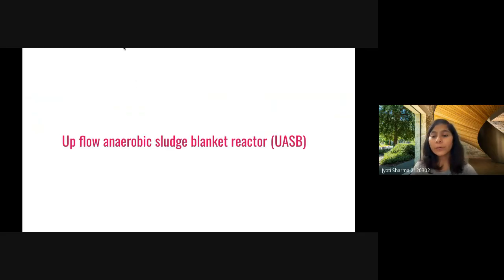Okay, so we have covered activated sludge process. We have covered trickling filter, and the techniques, some terminology related to that techniques. The next is upflow anaerobic sludge blanket reactor, known as UASB, and we have a few questions on UASB.